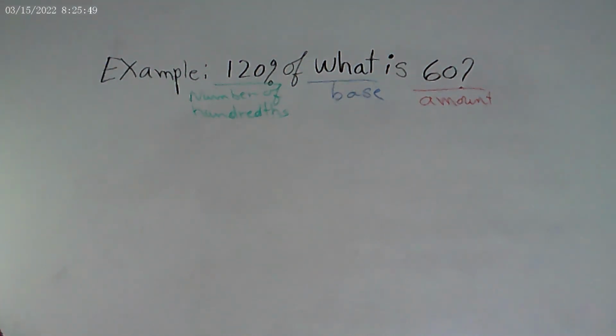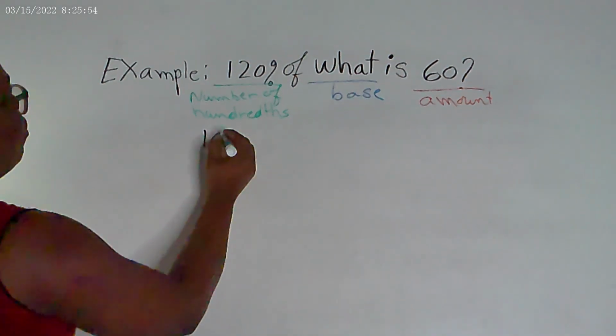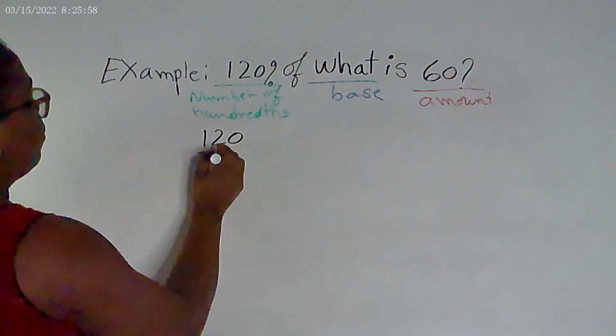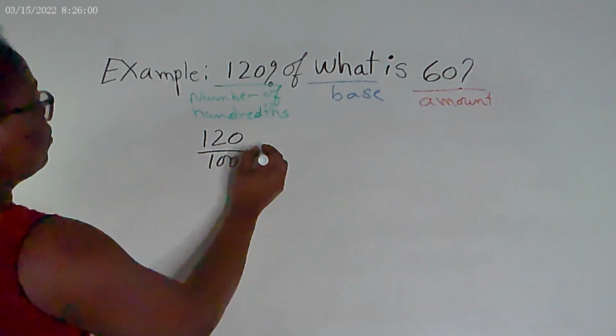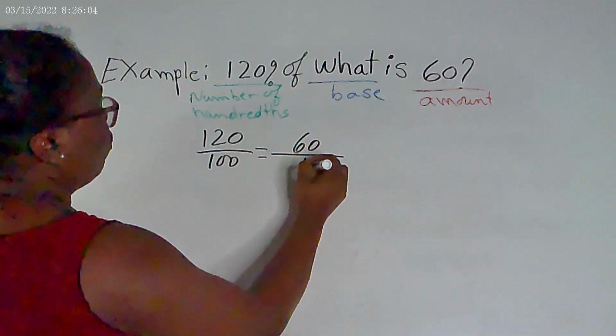So let's translate. We're going to have 120 over 100 equal to 60 over the base.